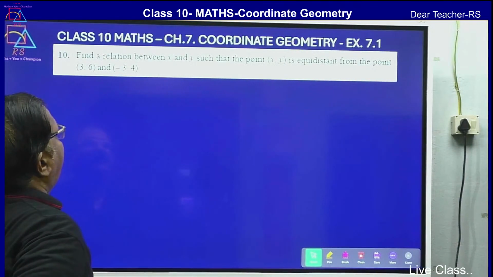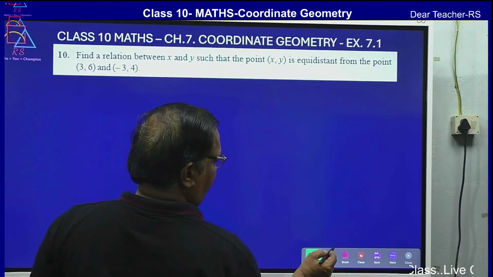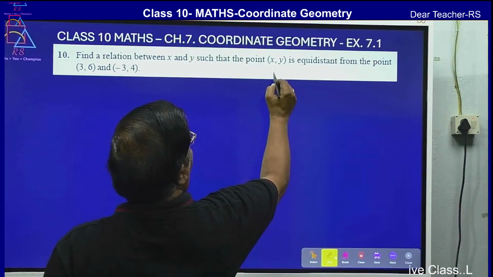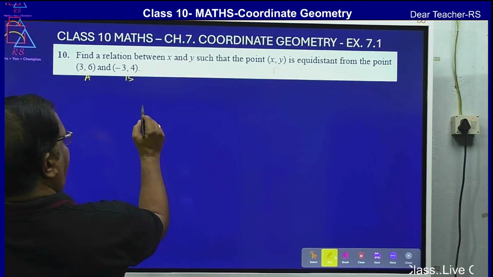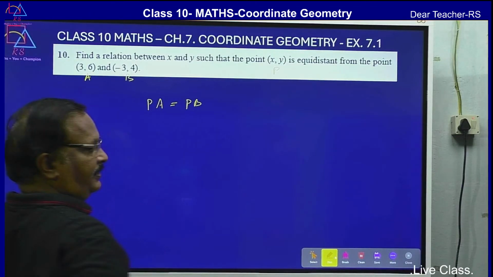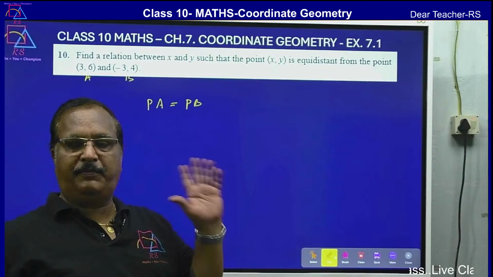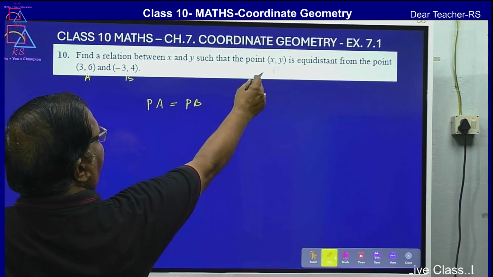So now let us say this is P and this is A and this is B. Equidistant means PA is equal to PB. The problem is the same as what we did before, right? So now P is already x1, y1, this is x2, y2.